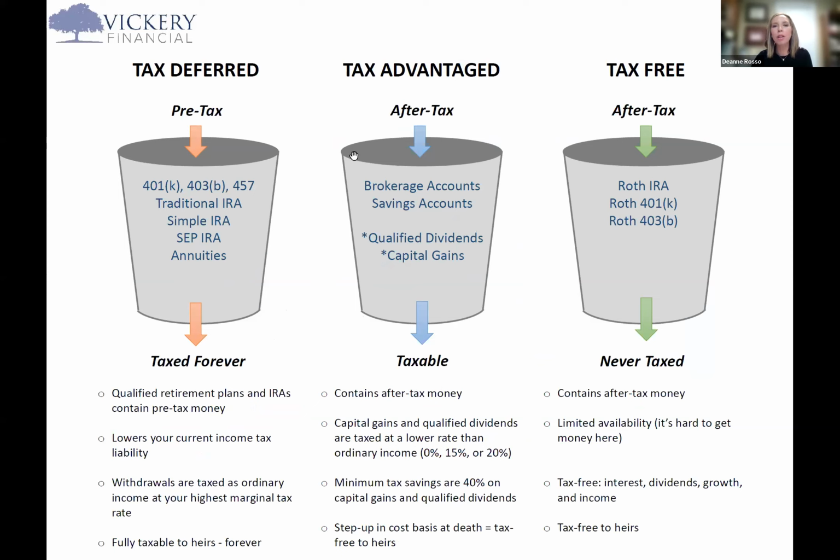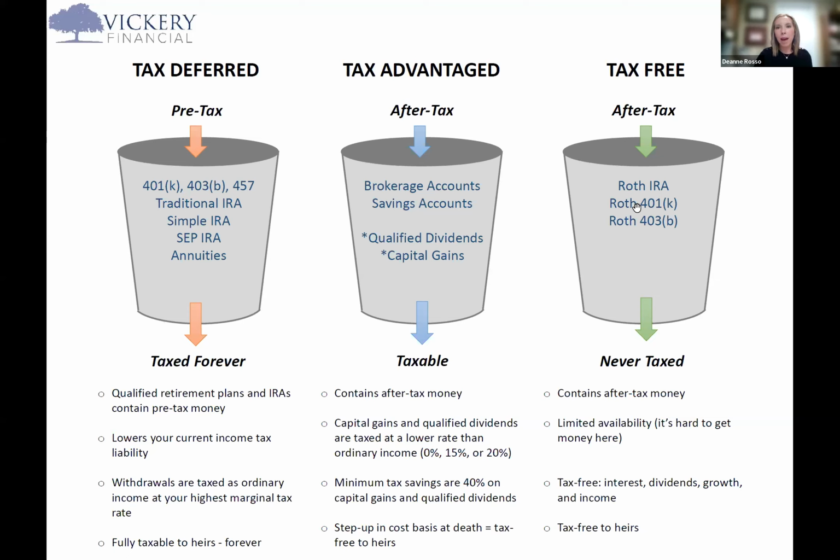And the reason that we use this tool is to illustrate the fact that when you save in different types of accounts, it really is all about tax. The tax flexibility that you can have later on. So we always recommend to people who are pre-retirees and you're saving for your retirement, let's try to save in all three buckets.